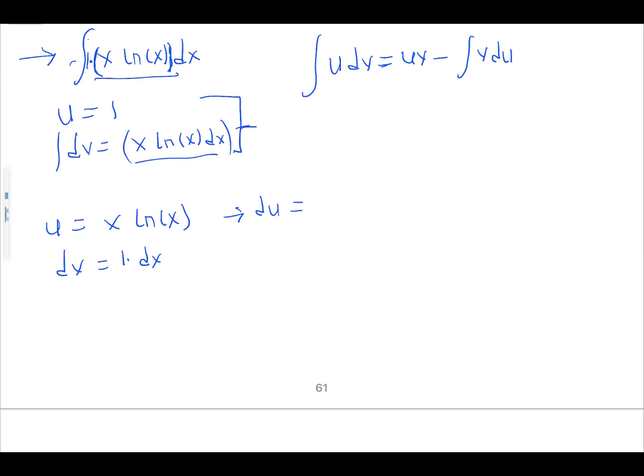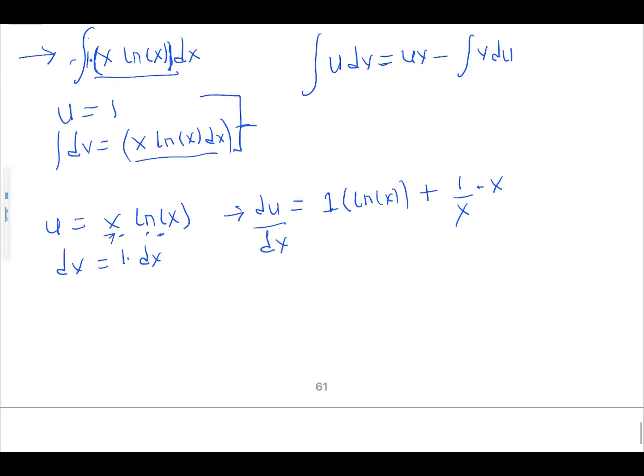Per the formula, we need our du. Now we need to apply the product rule: differentiate this, multiply by this, and then differentiate this, multiply by this. When we differentiate x, we get 1, and 1 multiplied by ln x is ln x. Plus, when we differentiate ln x, we get 1 over x, then multiplied by x.